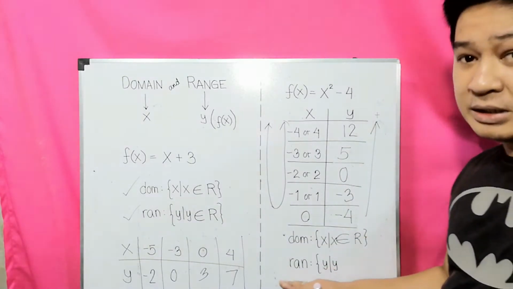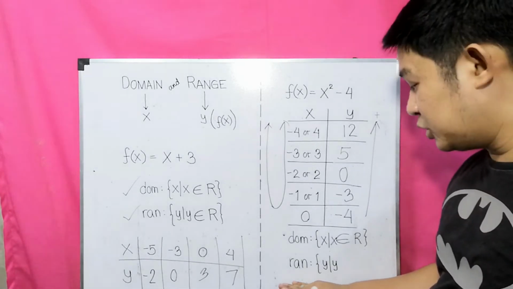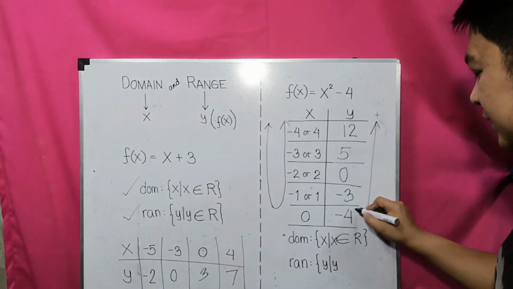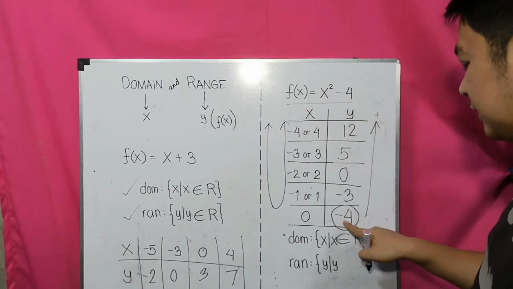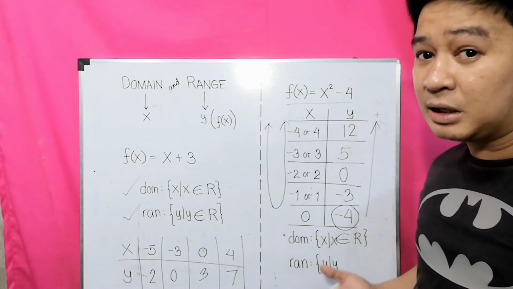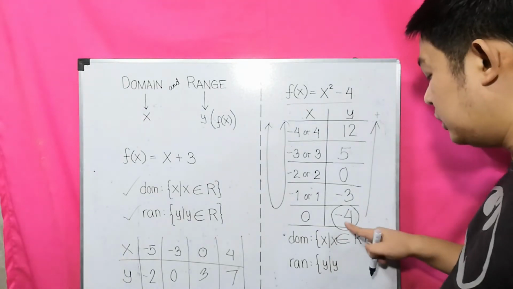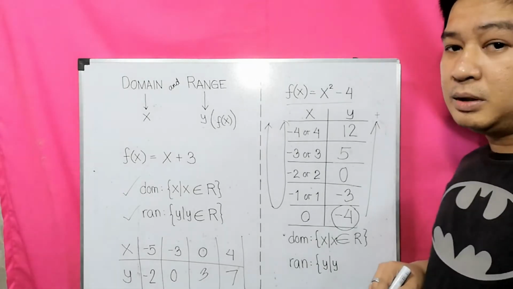While for the range, for the possible values of our function, as you notice, the minimum value for this function will be negative 4. So we cannot say that y such that y is any real number. It's because we have only a minimum of negative 4 and above negative 4.